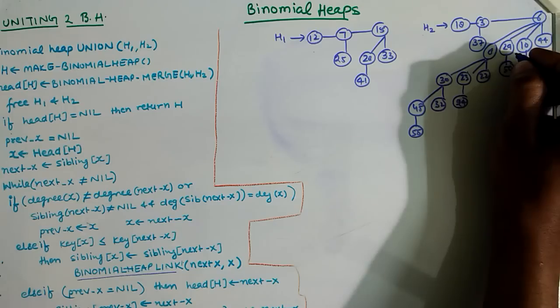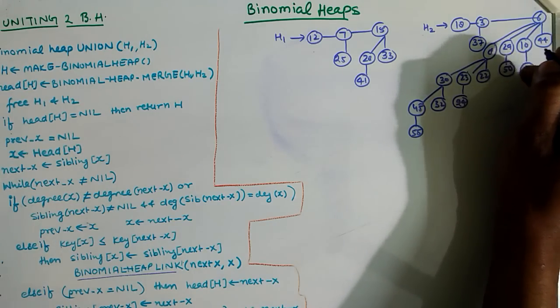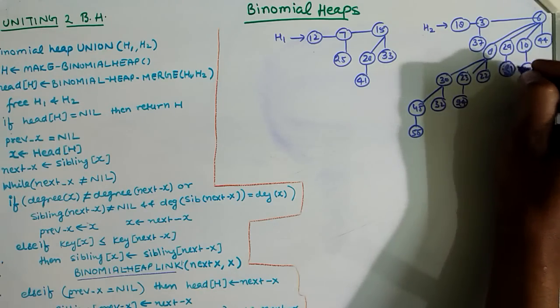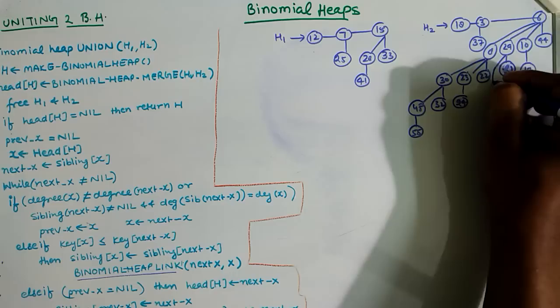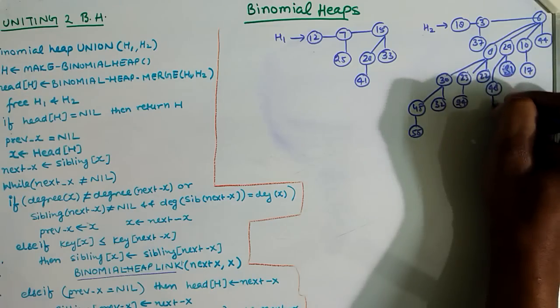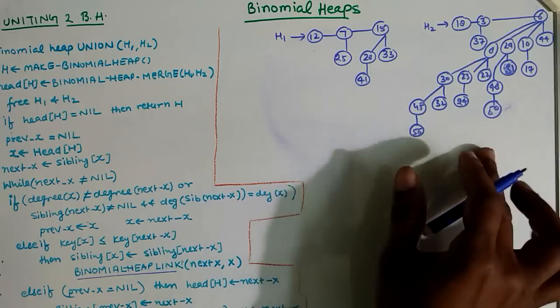Now from 29 it is, sorry, it is 31, and this also has one more node here, so I just draw it here, 48 and 50. Okay, so these are the two heaps given, h1 and h2.